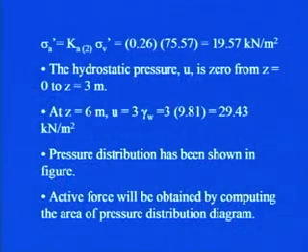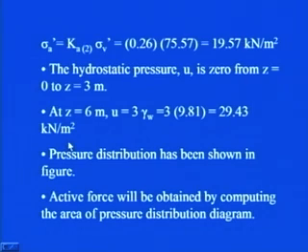So the hydrostatic pressure U is 0 from z is equal to 0 to z is equal to 3, because no water table is present over there. But at z is equal to 6, U will be 3 into gamma W, and I have taken gamma W to be equal to 9.81 kilonewton per meter cube, which will result in 29.43 kilonewton per meter square.